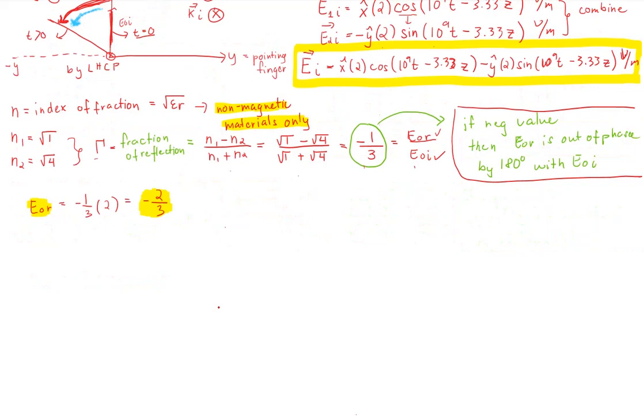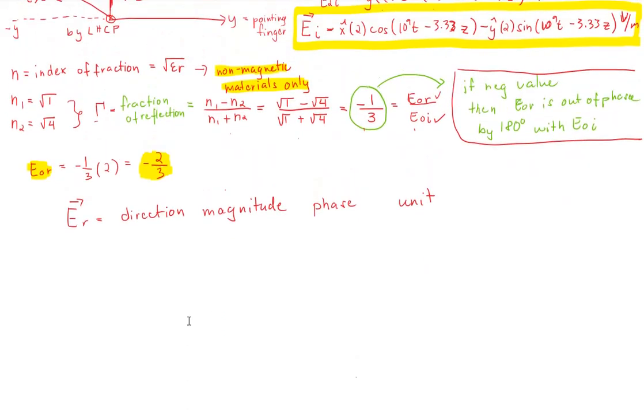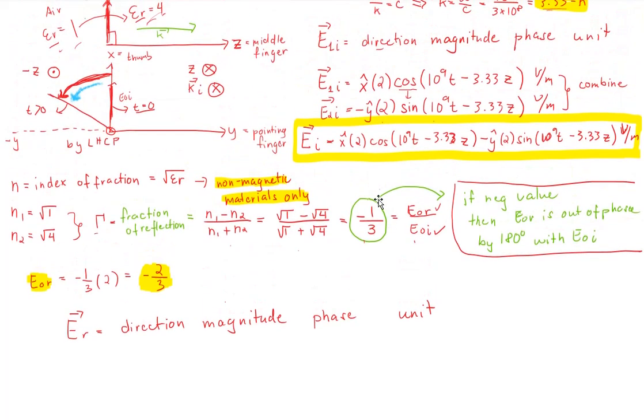Now that we have that, we could get started writing down our E sub R wave expression. E sub R for reflected. And again, it's going to be the same format. For the direction, we know that it's going to be the same as our E sub I, or E incident.